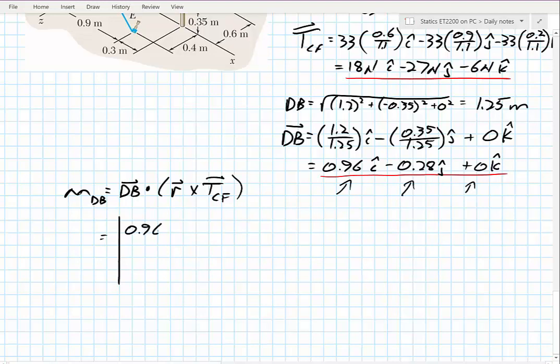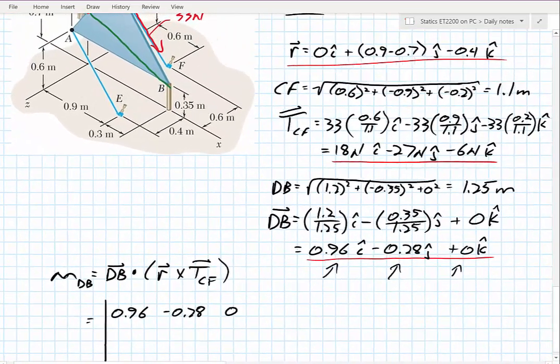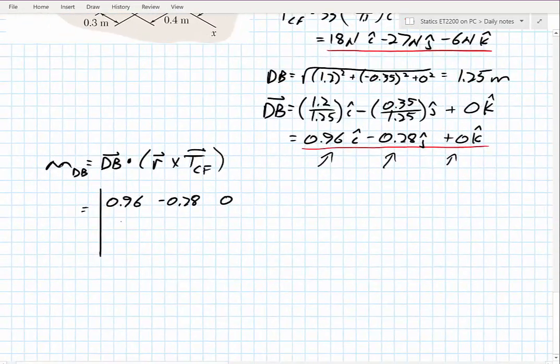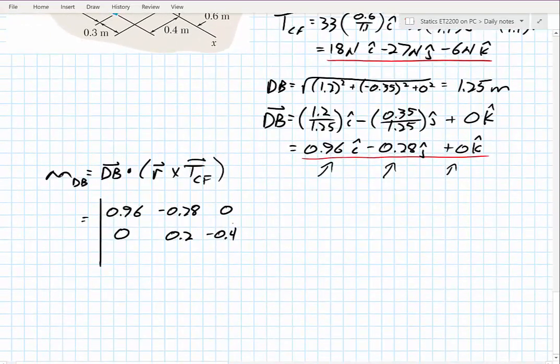So I have 0.96, minus 0.28, and 0. The second one is the radial arm, the very first thing I did: 0, 0.2 and minus 0.4. And the last one is that tensile force: 18, minus 27, minus 6.